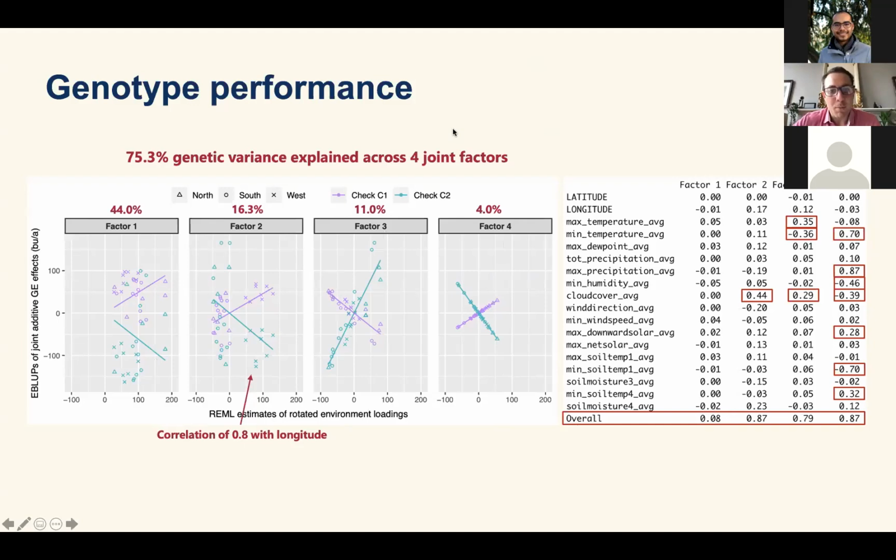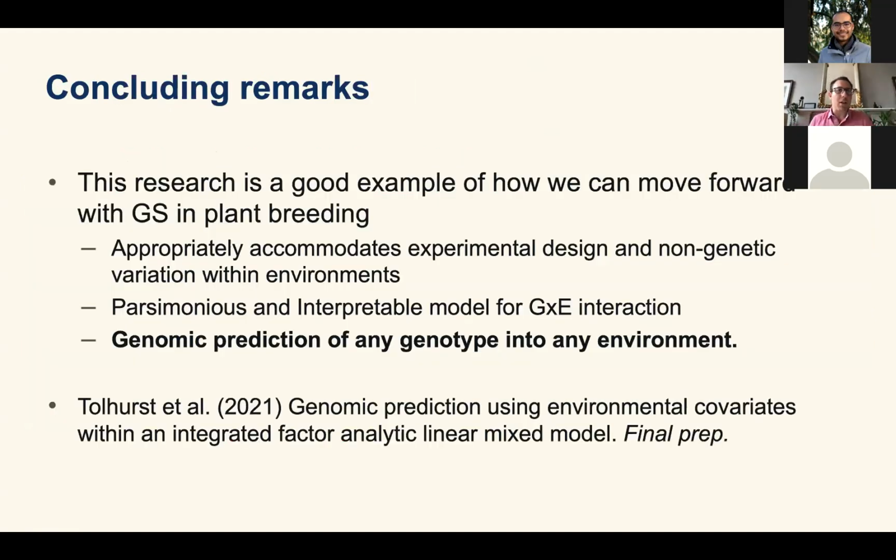So I probably won't delve into too much more. There's a lot going on here, I understand, but I'll leave it for some discussion because I want some time for that too. So I'll finish up by saying that this sort of method has been a good way that we can move forward. I'm not saying it's the only way by any means, but it hasn't lost sight, or we haven't forgotten about what we've done up to this point in terms of the experimental design and non-genetic variation.